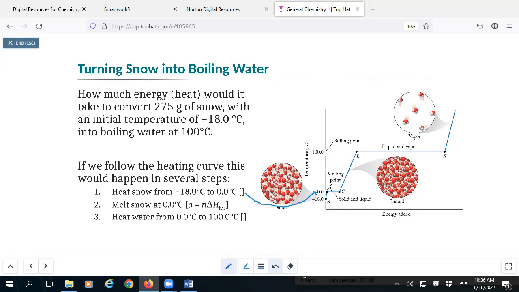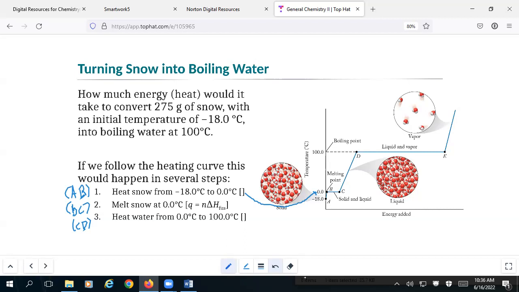So if we're looking at the graph, number 1 is segment AB. Number 2 is segment BC. And number 3 would be segment CD, where we have to heat it from water at 0 to water at 100. There would be 3 stages to that.